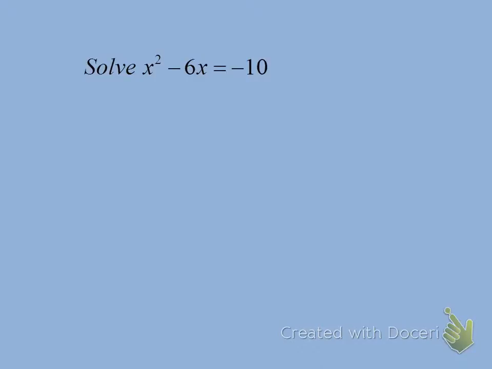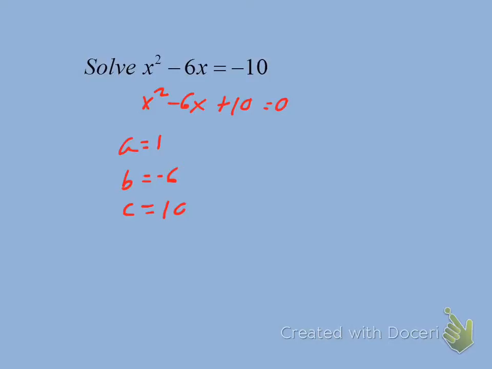Okay. First step is to what? Move the 10 over. So A is 1. Right here. Hold up. So x squared minus 6x plus 10 equals 0. You just moved it over. A equals 1. B equals negative 6.